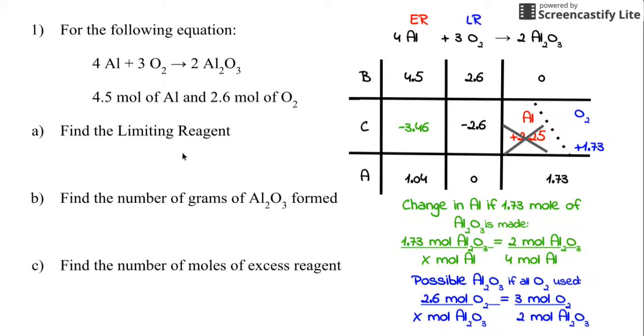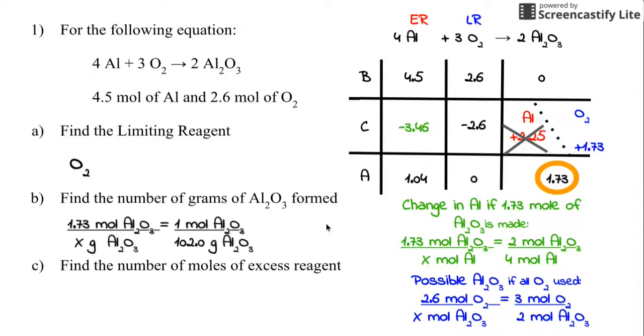Find the limiting reagent. Awesome, we did that. It's O2. Find the number of grams of Al2O3 formed. I know this in moles and I want to find grams. I'm going to take my 1.73 moles and find the number of grams.